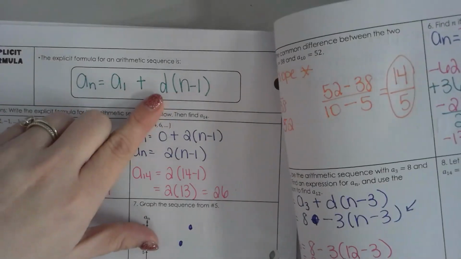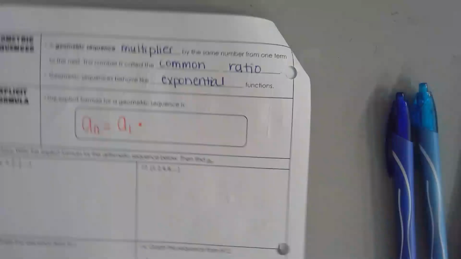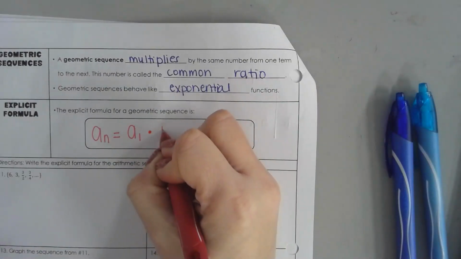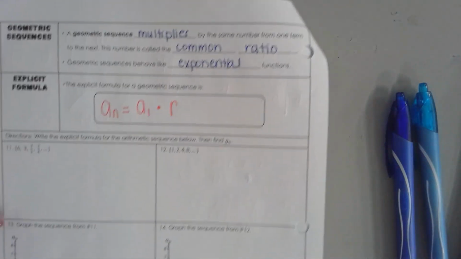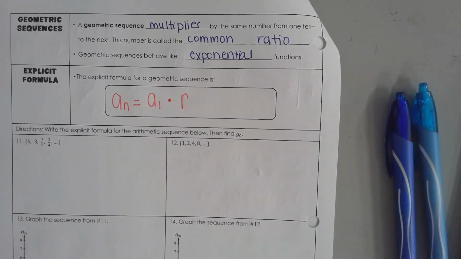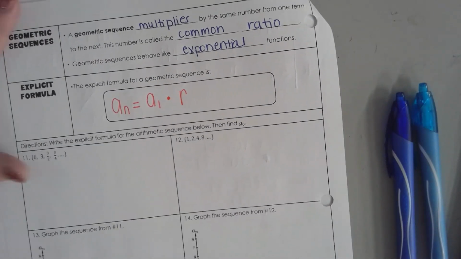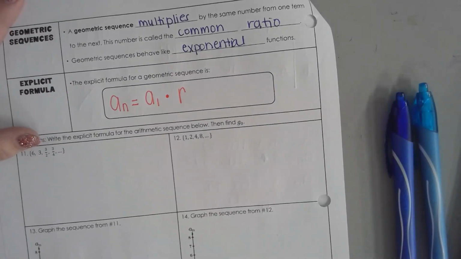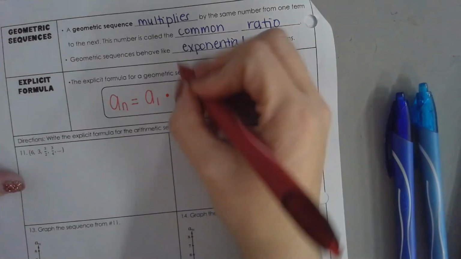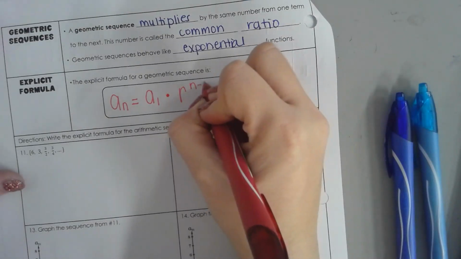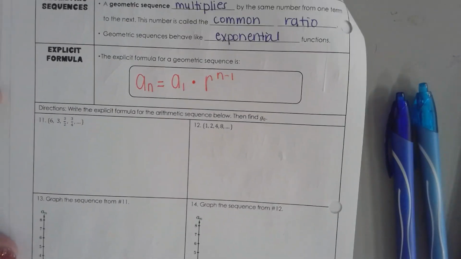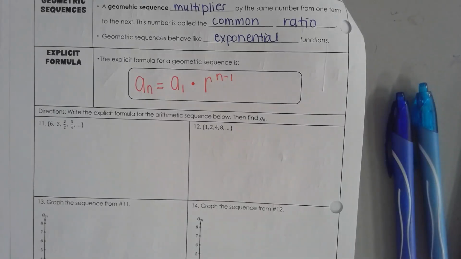Arithmetic adds a common difference. Geometric multiplies by a common ratio. And then the big difference is that there is an n minus 1, but it's not right beside the r. Does anybody remember? It's in the exponent, yeah. So it's up there. Overall, the formulas are very, very similar. They both start with A_1, add or multiply, the difference or the ratio, and then n minus 1.